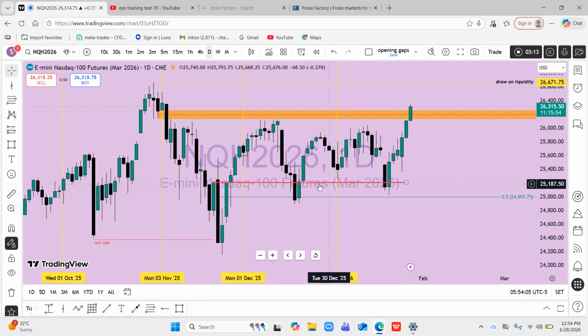With Nasdaq, it's a CFD, so this is more accurate. Here it even failed to reach the premium array, but it left liquidity. So this makes it a higher draw on liquidity before we even reach the new year high, the previous year high. This has to be the target for anyone attempting to trade higher.